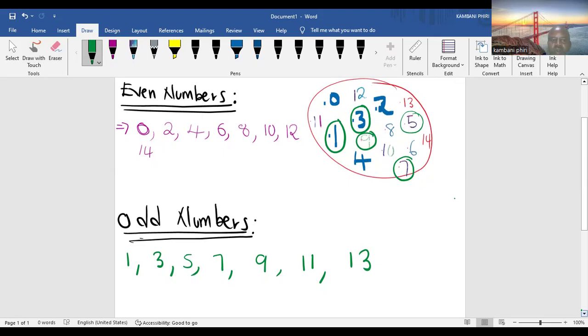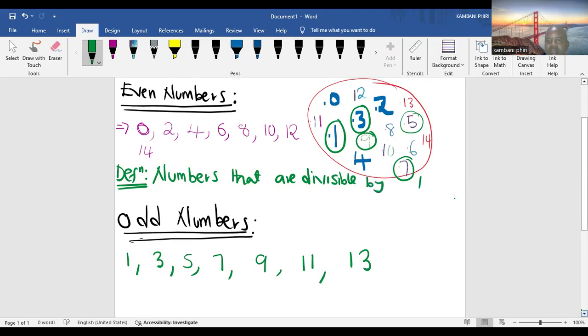All right? So we are saying by definition, even numbers are numbers that are divisible by 2.